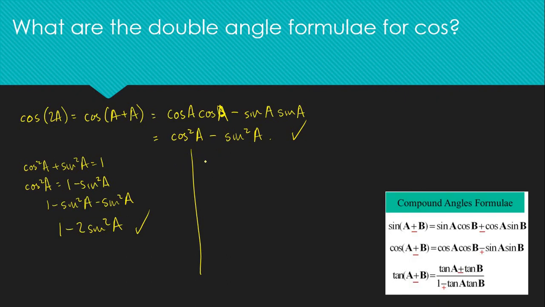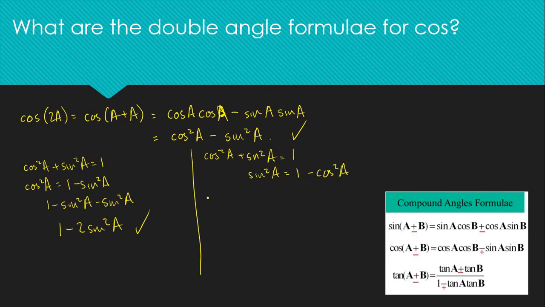Okay, next we know that cos squared a plus sine squared a, that was a year 1 formula, equals 1, and this time I'm going to isolate sine squared. So sine squared a is going to equal 1 minus cos squared a.